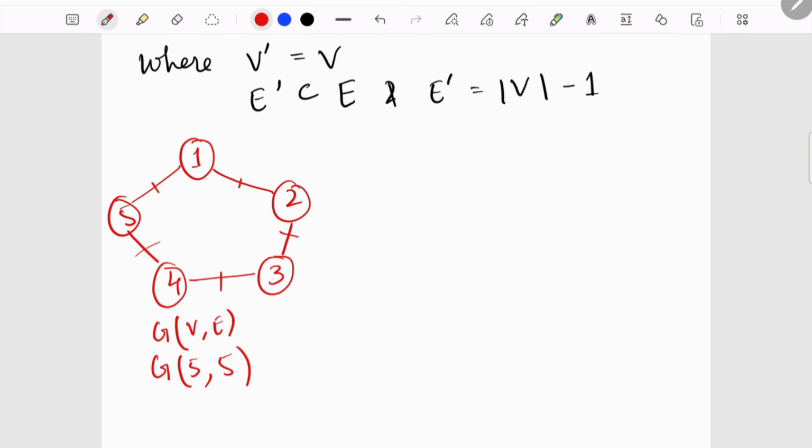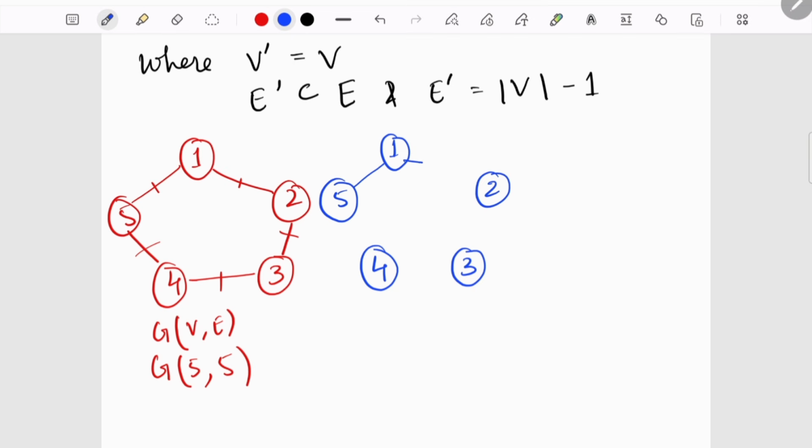Now if we want to make a spanning tree of this, what does the spanning tree say? That the spanning tree will have an equal number of vertices as in the graph, but the number of edges will be less in the spanning tree as compared to the graph.